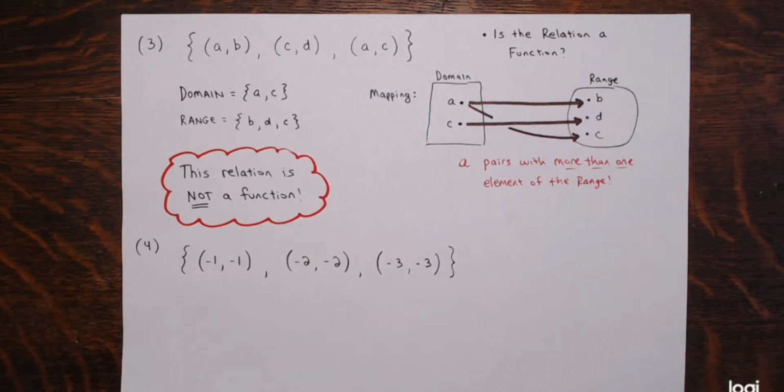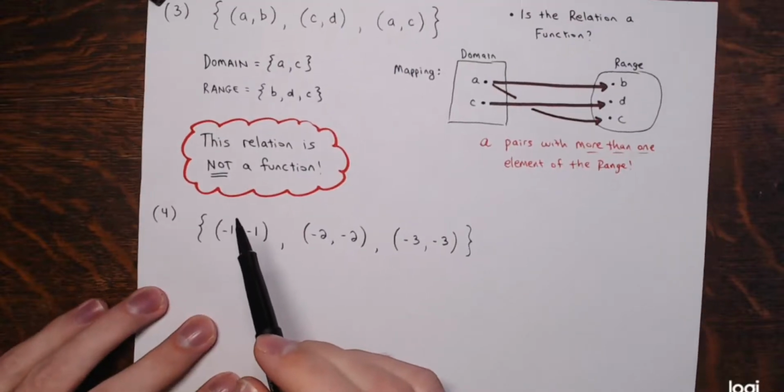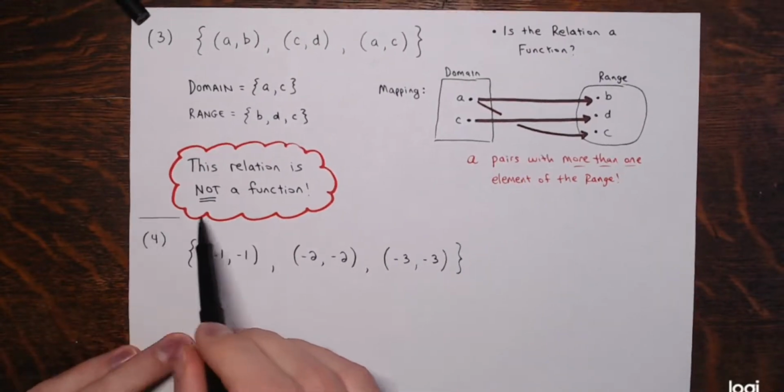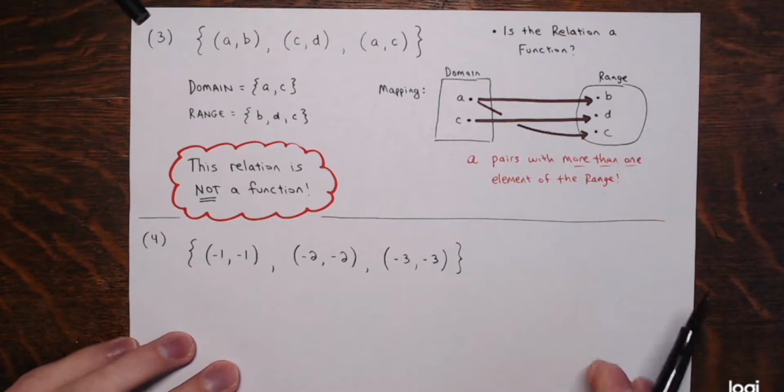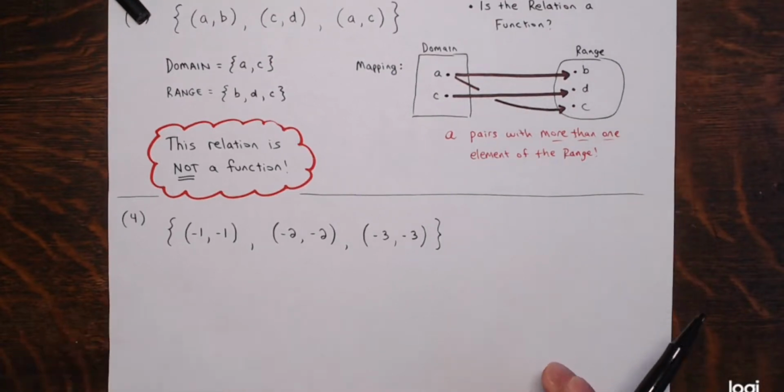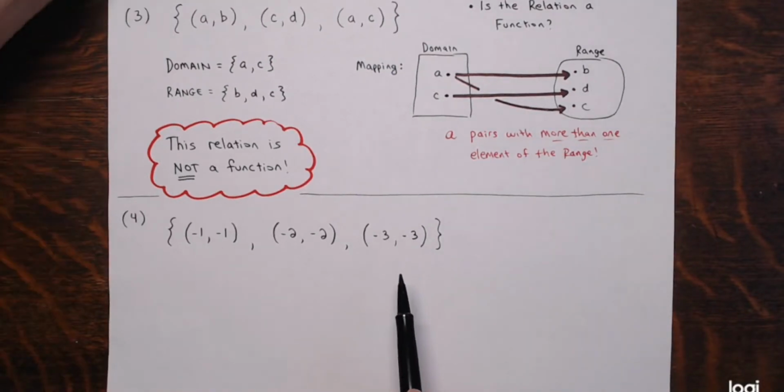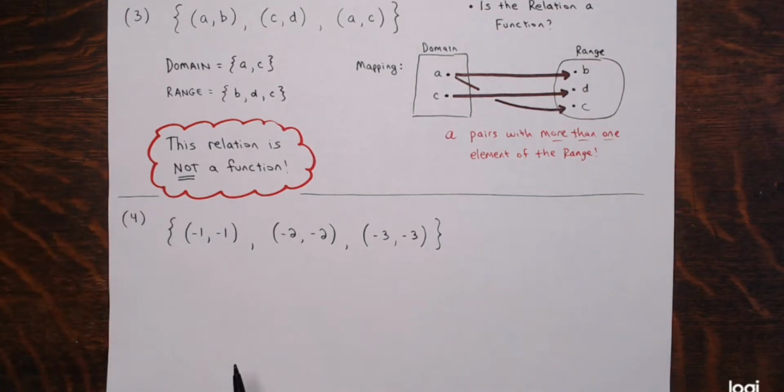Okay. So I'm doing the same thing for example 4 here. Question 4. Again, we're given another set of ordered pairs, just 3 ordered pairs. Now, a relation can have 3 ordered pairs, 4 ordered pairs, 1 ordered pair, infinitely many ordered pairs. We'll see plenty of relations in the future with infinitely many ordered pairs.